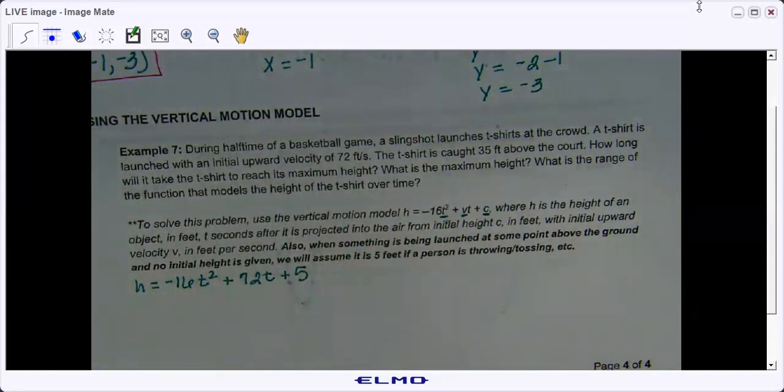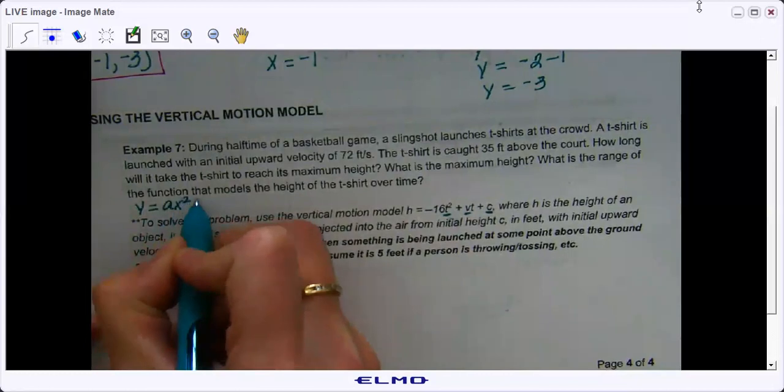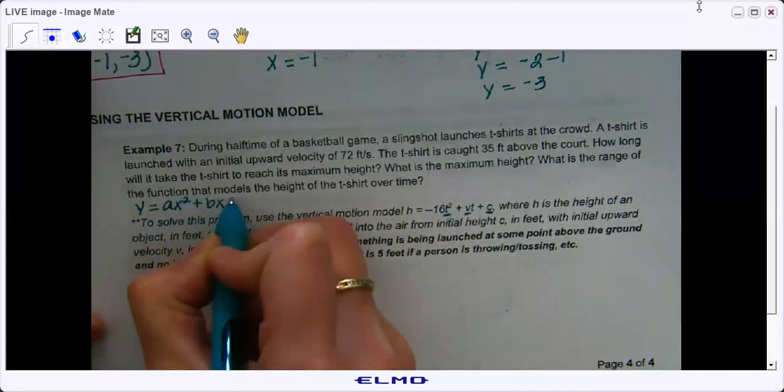Okay. Now, if we wanted to know the time that it takes, so we want to know t, and I want to write this equation up here, y equals ax squared plus bx plus c.